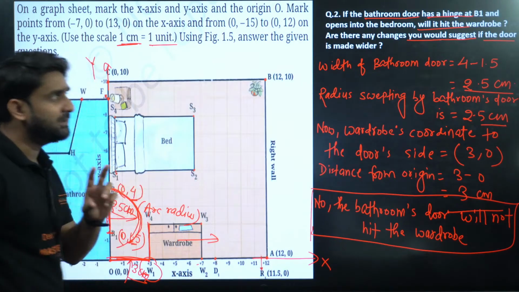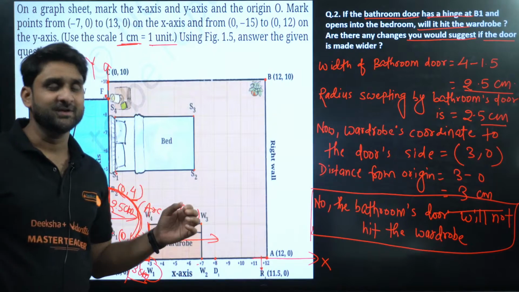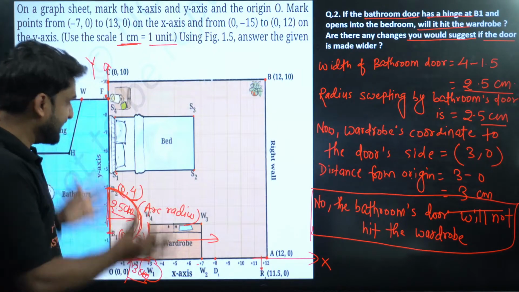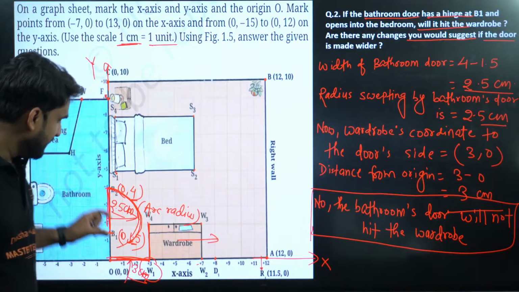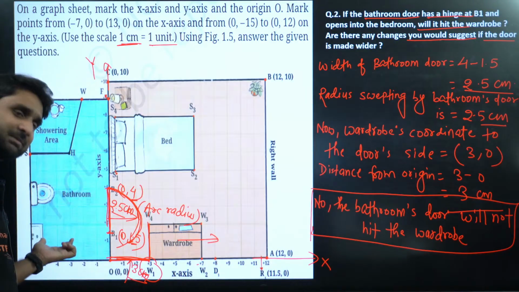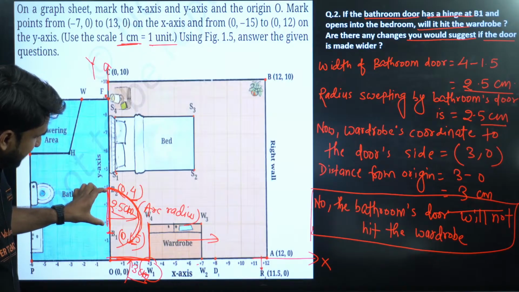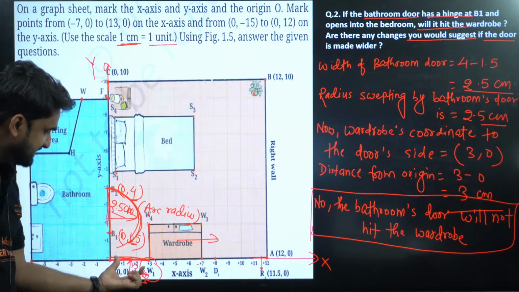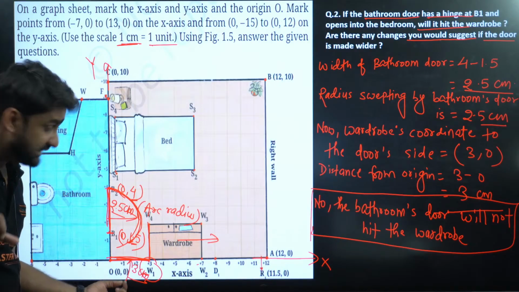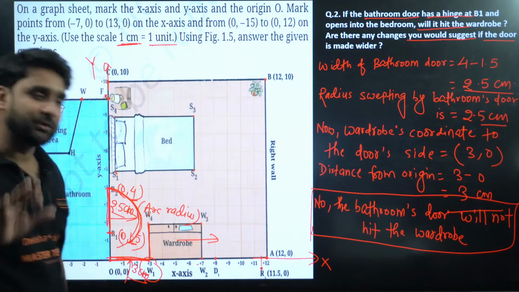So there are 3 conditions we can suggest while we are designing our interior of the room. I mean, we can open and close the door inside the bathroom. Second, we can keep the width of this bathroom door less than this. And third possibility is we can shift this wardrobe slightly to the right side.